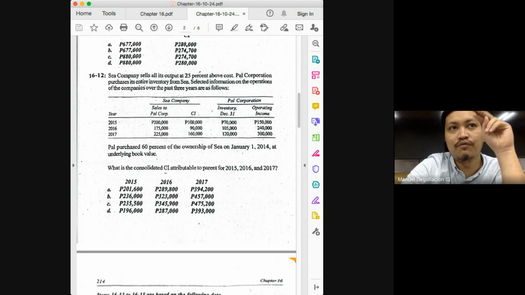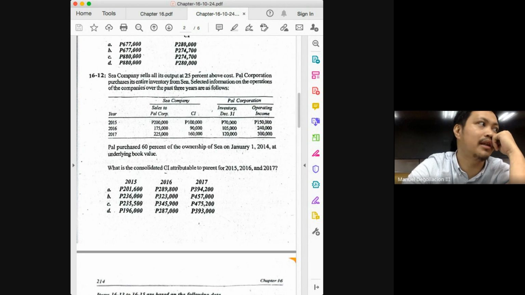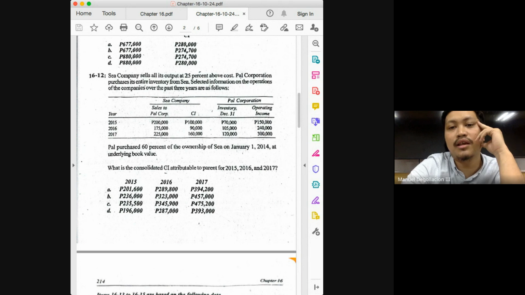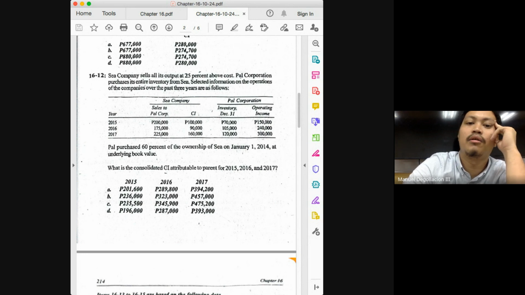We will have two, and these two adjustments are the markup on the beginning and the markup on ending. The markup on beginning will be added, representing the realized profit in the ending inventory, while the markup on ending will be deducted, representing the unrealized profit on the ending inventory.